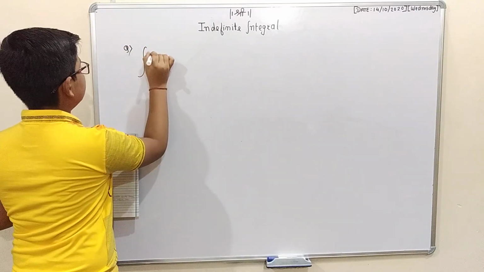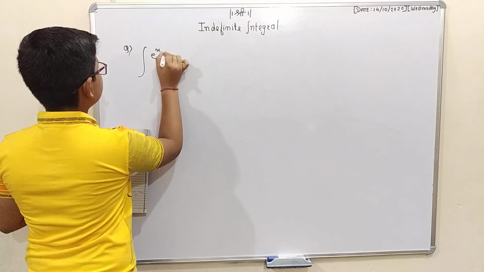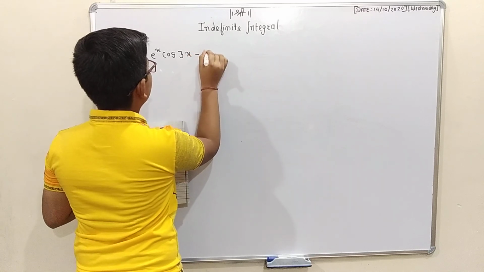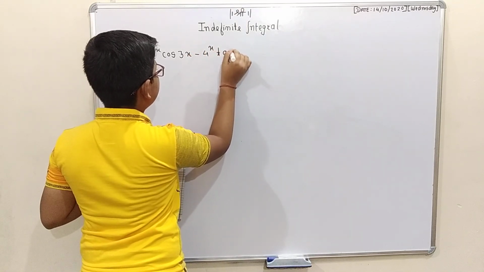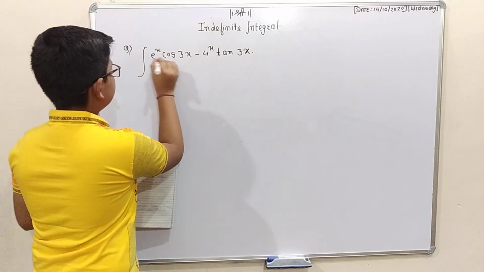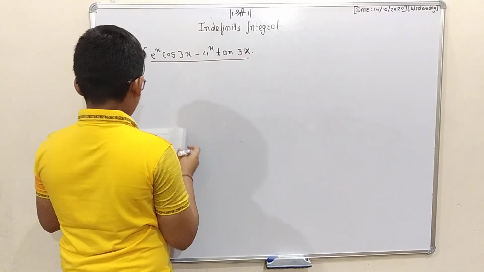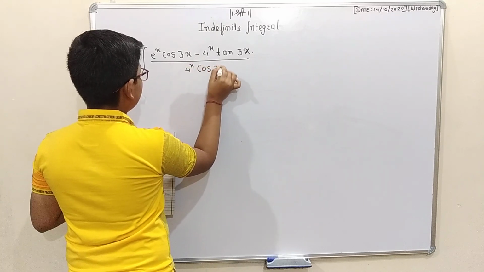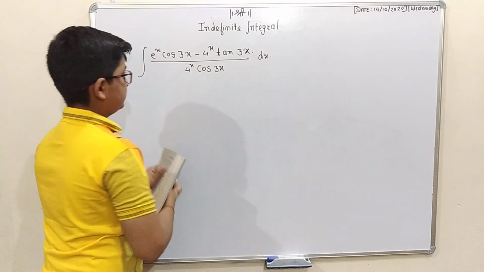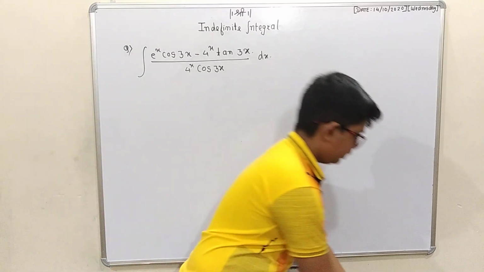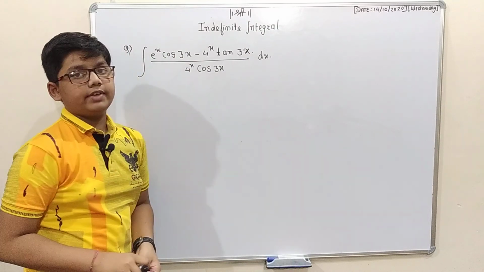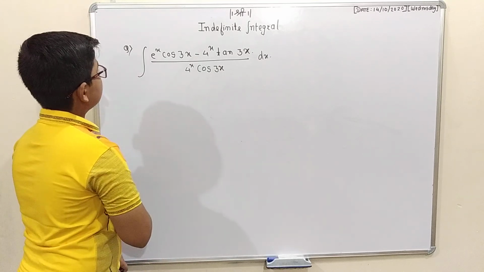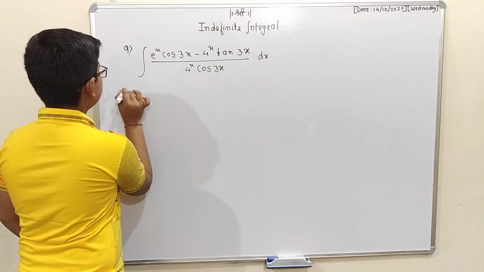The question is: integral of (e raised to the power x cos 3x minus 4 raised to the power x tan 3x), this whole divided by 4 raised to the power x cos 3x, dx. This is the question, and we have to solve it. But how can we solve it? Now we will try solving it.